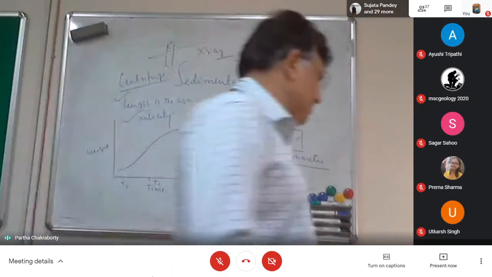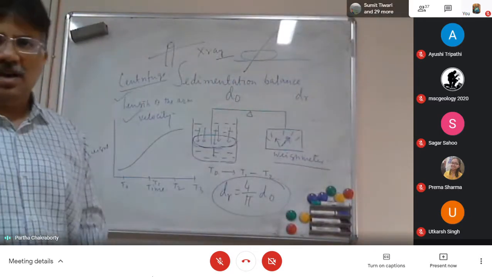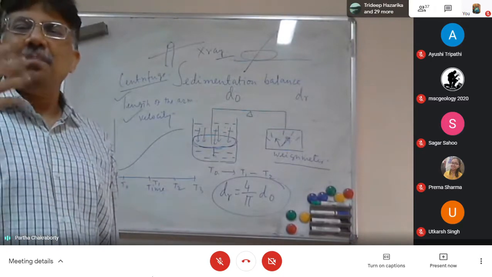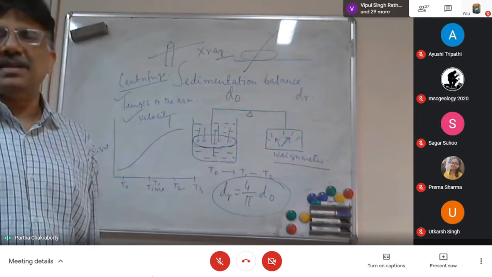Okay, fine. Now we have measured the grain. Now the question comes, how to express the measurement of size? How to express what we have measured?